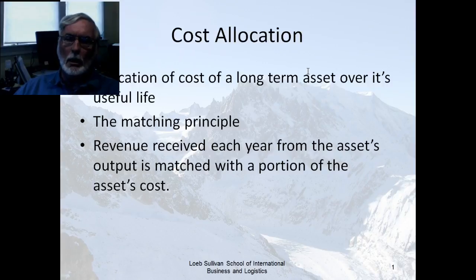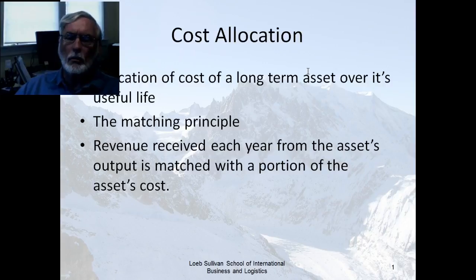So, in your personal life, you think about something called depreciation. You buy a car and it loses value, and we call that depreciated or depreciation. And in accounting, we use those same terms, but they don't really mean the same thing.